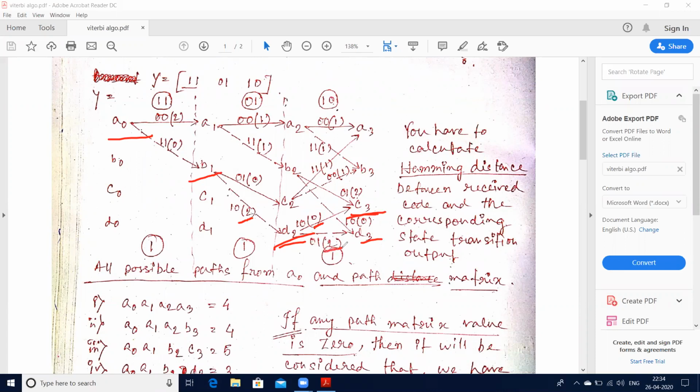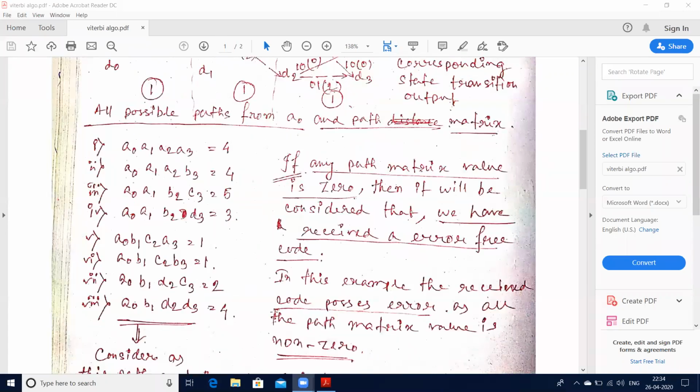This is 2, this is 2, this is also 2, and this is 0. So 2 plus 2 is 4, and the path matrix will be 4. So I have written all the possible paths starting from A0 and the corresponding path matrices.